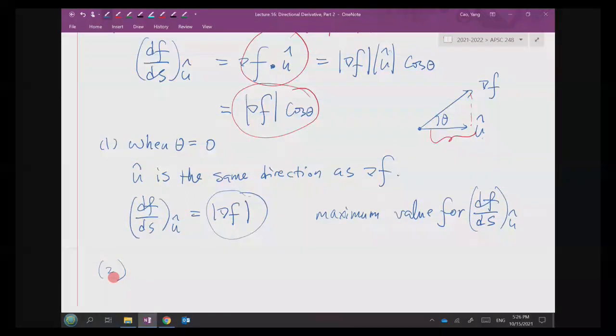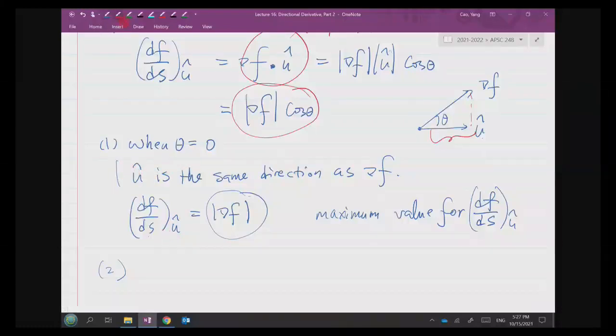And now the first property tells me that if I go in the same direction as the gradient vector, then my directional derivative reaches the maximum value. Maximum value means the maximum possible rate of change for the function f, or I can climb the fastest, right? That's happening only when theta equals 0.